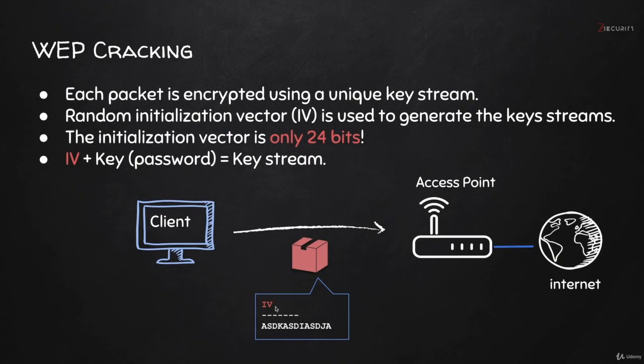So if you look at this, you can see the packet content is encrypted. So if someone captures this packet, they won't be able to read this, but they will be able to read the IV in plain text. Also, the size of the IV is only 24 bits.